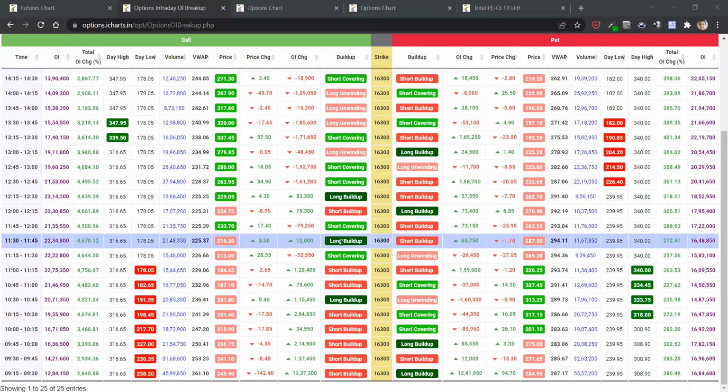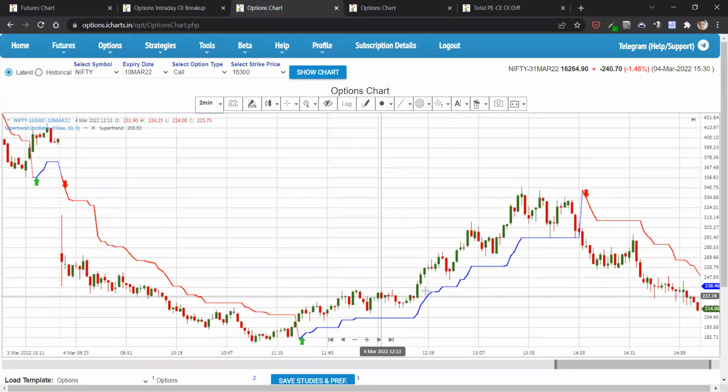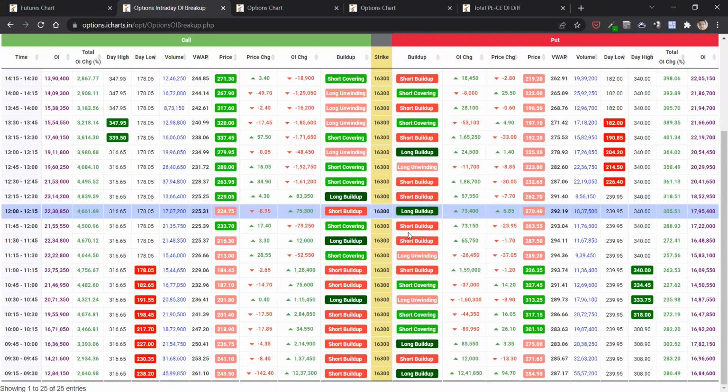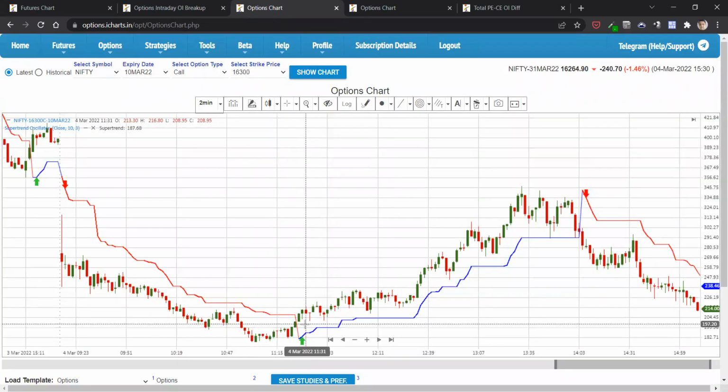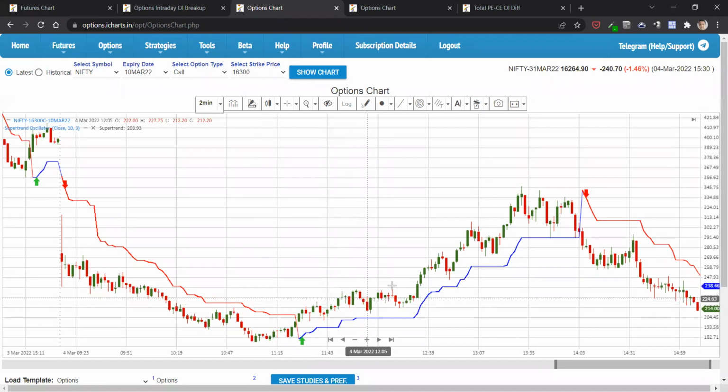It has reversed. You went long here, but call is indicating short, put is indicating long. But price is not indicating anything. So you wait. You will exit based on price. Your entry will be based on OI signal plus Super Trend signal. So entry is based on both, exit based purely on price.